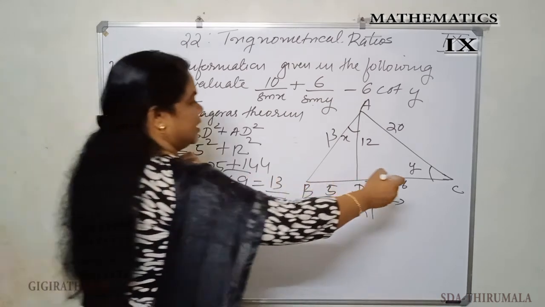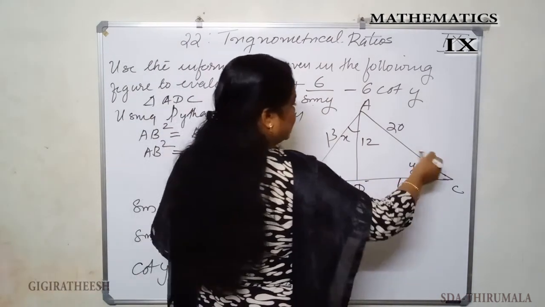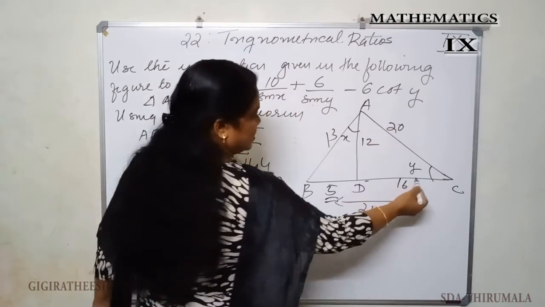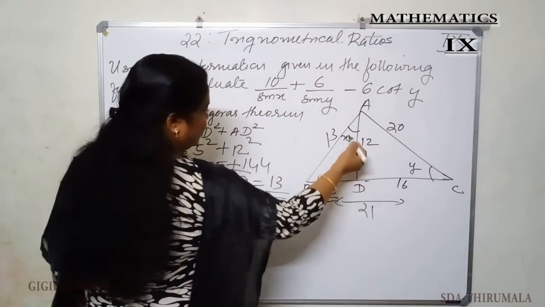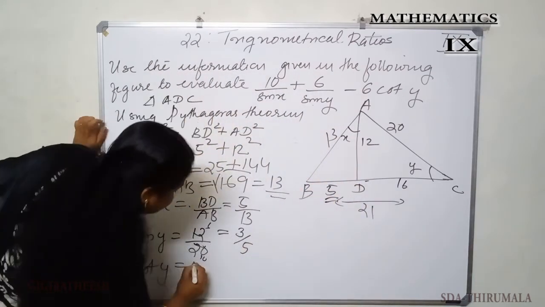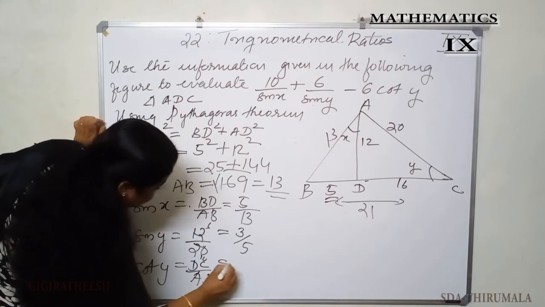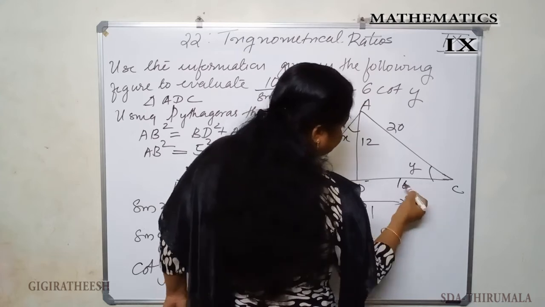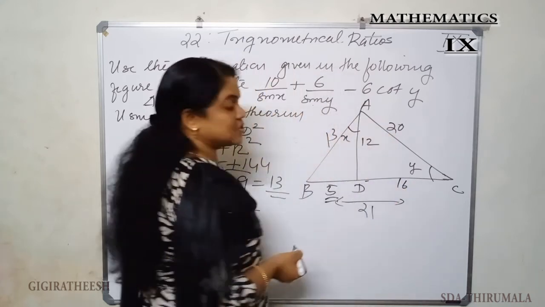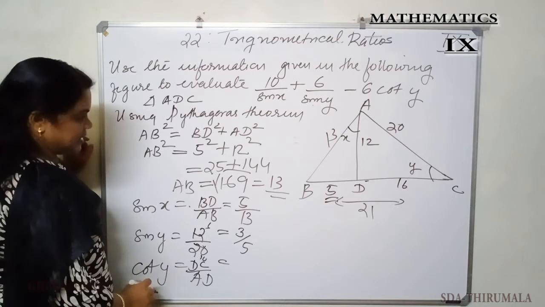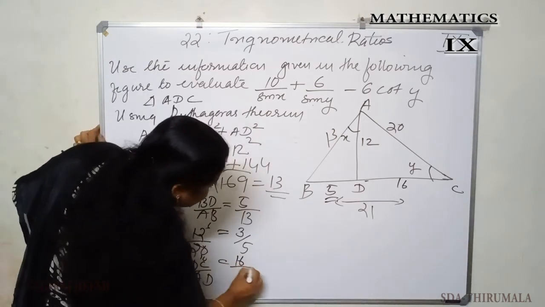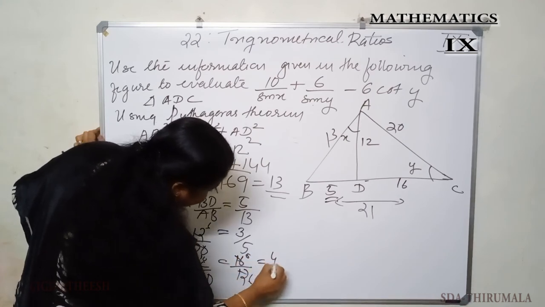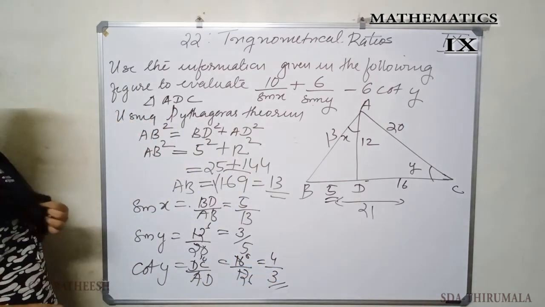This is the angle y, and cot y is base by perpendicular, that is DC by AD, which is equal to 16 by 12, that is equal to 4 by 3. So 4 by 3 is the cot y.